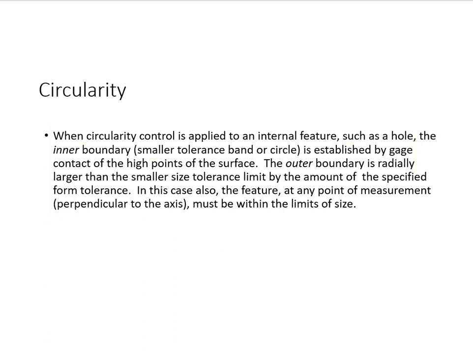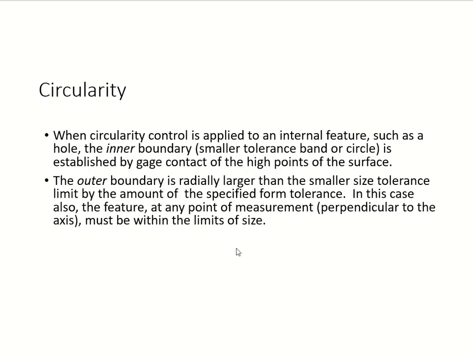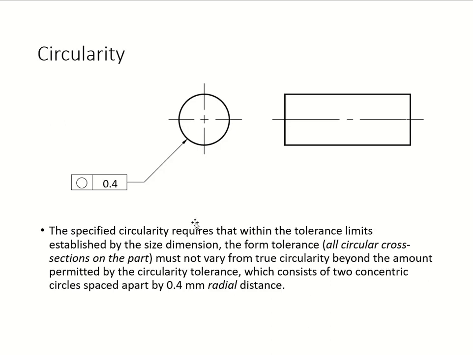The outer boundary is radially larger than your smaller size tolerance. This is where your size tolerance comes in, because we always make sure your feature is within the limits of size, perpendicular to the axis.